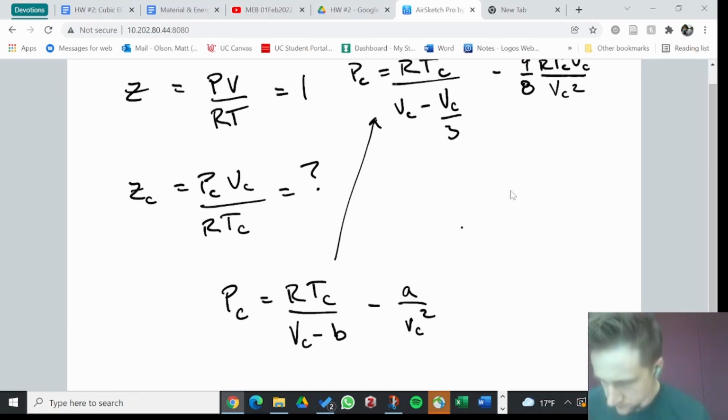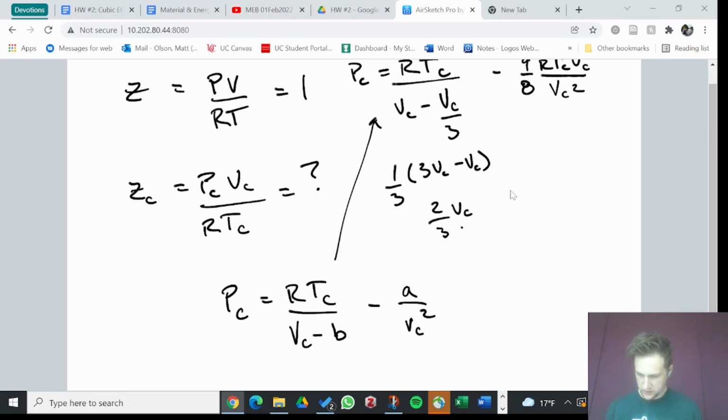So then, what does that leave us with? Let's go ahead and again factor this out. So when we factor out 1/3, my apologies, we're left with 3 VC minus VC, leaving us with 2/3 VC on the bottom.